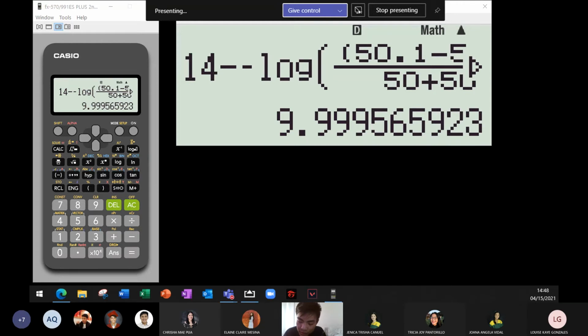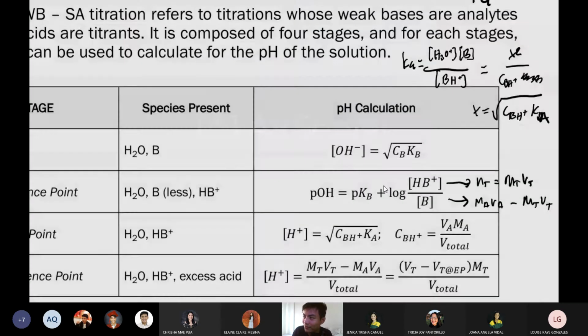Using the small x approximation, burahin mo yan, then you know x is equal to the square root of the concentration of BH plus times the Ka. Ay, nawala pala yung screen. Ayan.